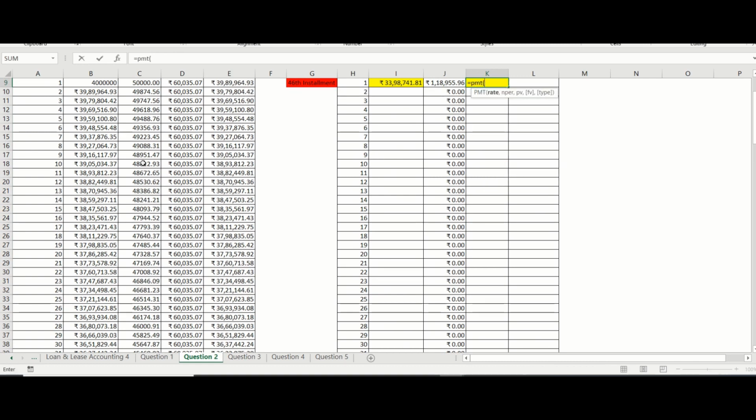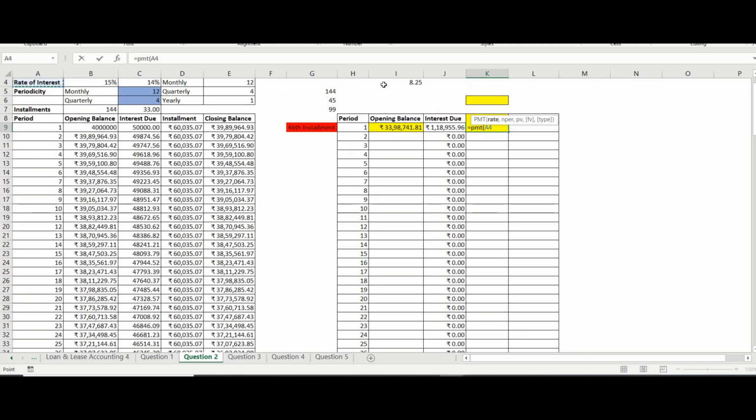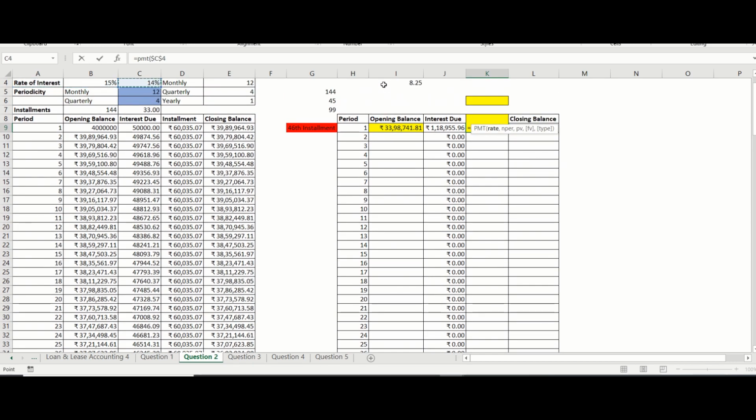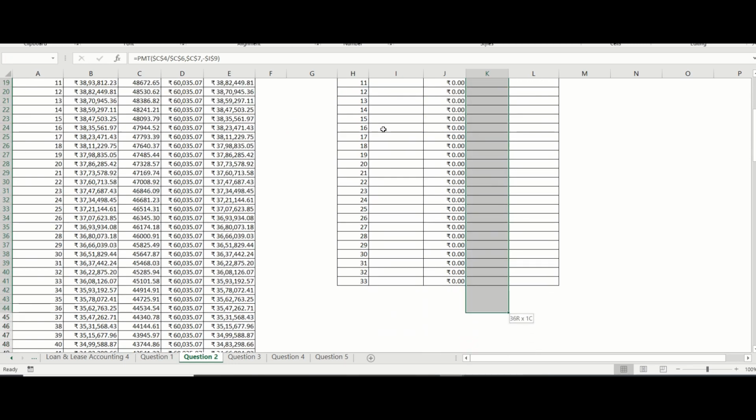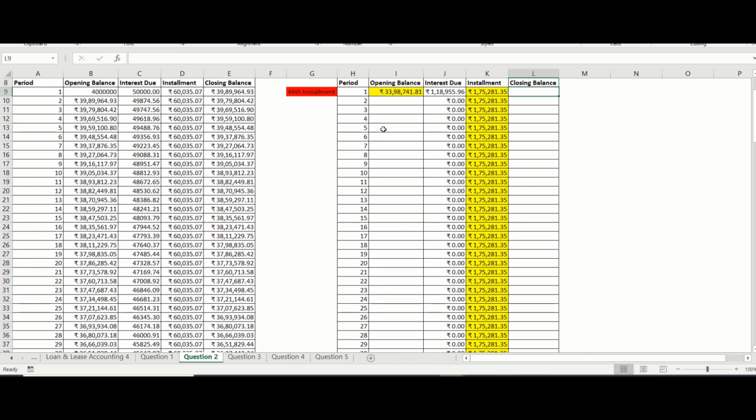Payment of this value, rate is 14%. I fix it, divided by periodicity, comma, the number of installments is this. I fix it again, minus my opening balance amount. I fix this to close, right? Drag it down. Closing balance.